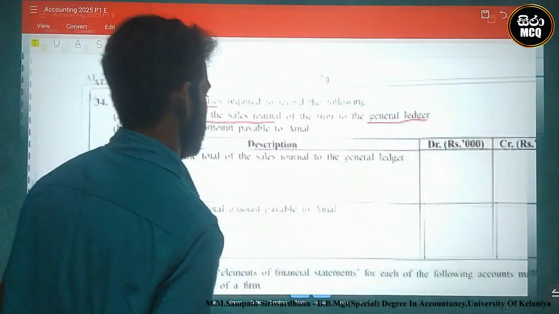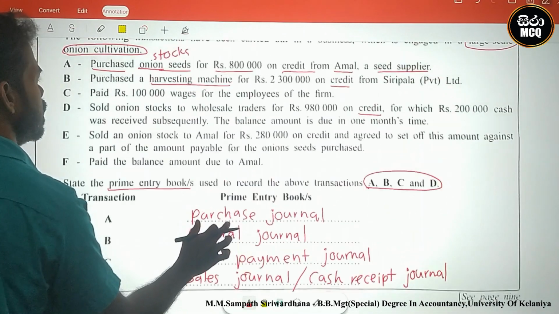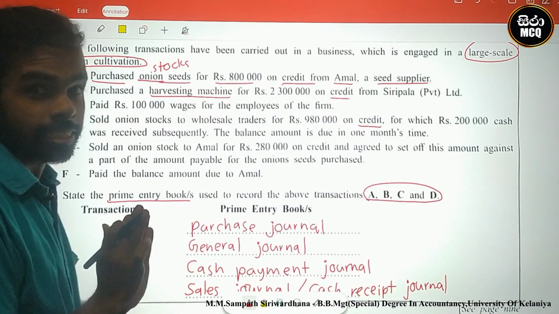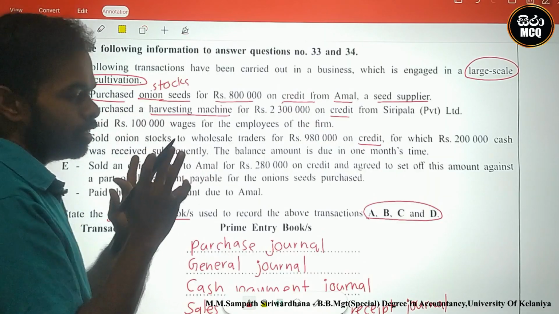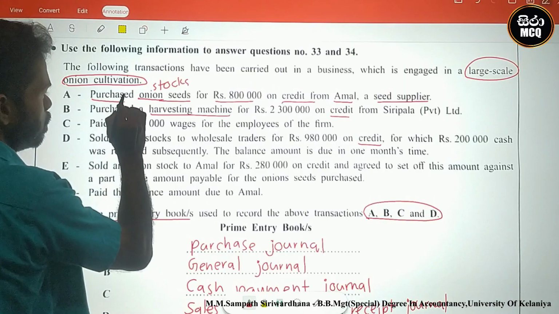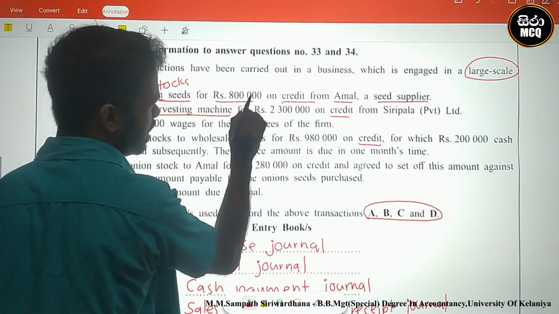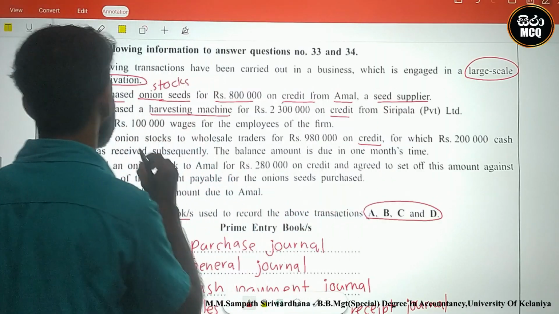Okay, look here, this is the information. We must find the credit sales. Look here, first one, this is an onion cultivation and selling business. Purchased onion seeds for 800 on credit from Amal Seeds, a seed supplier.